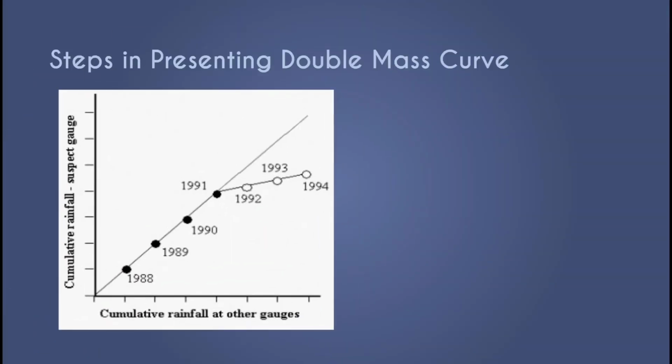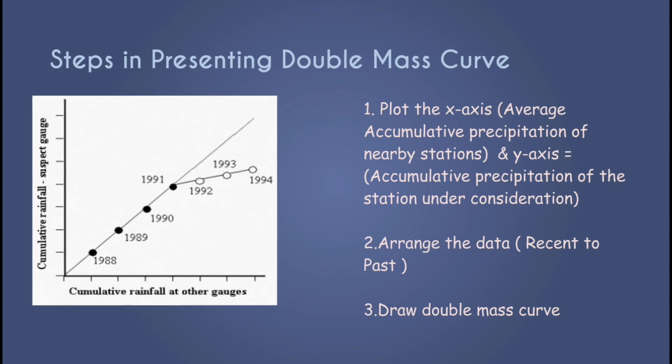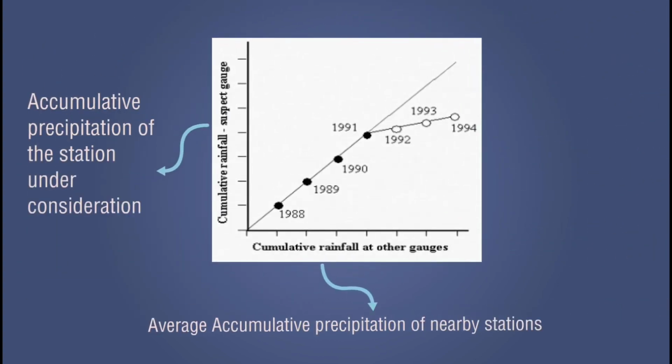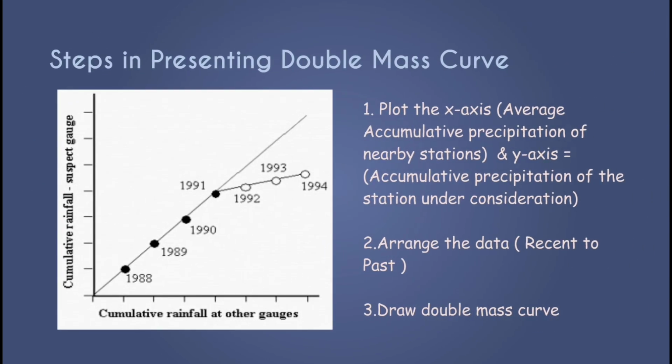So here are the things that we need to remember in using double mass analysis. First, this analysis is obtained by plotting or making a graph. For the x-axis, we have the average accumulative precipitation of nearby stations. And for the y-axis, we have the accumulative precipitation of the station under consideration or the station being tested. Next is to arrange the data from the recent or the latest year up to the past years.